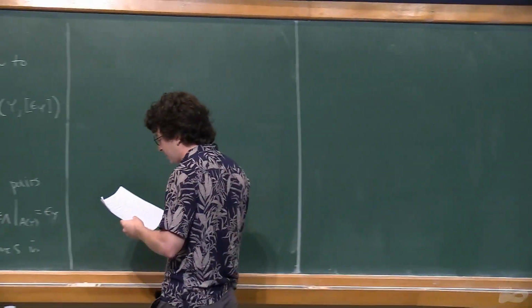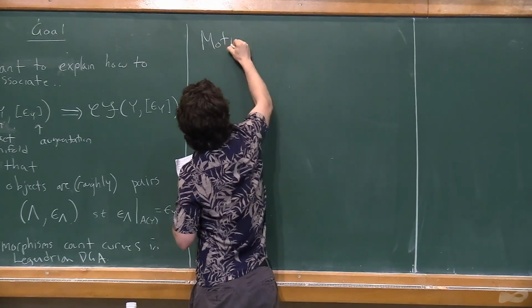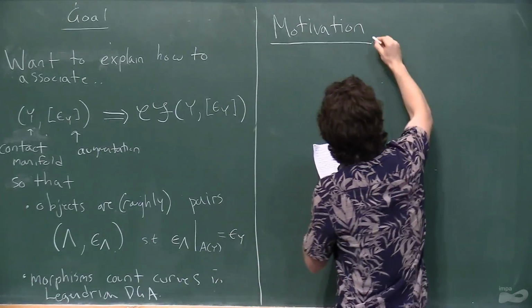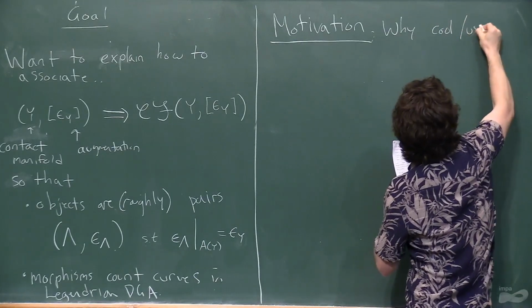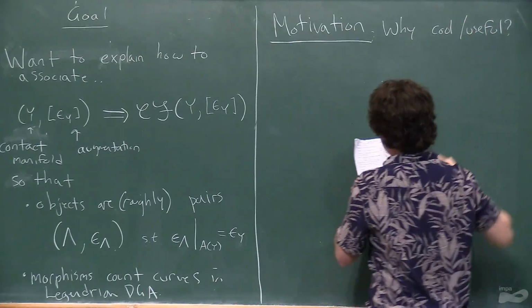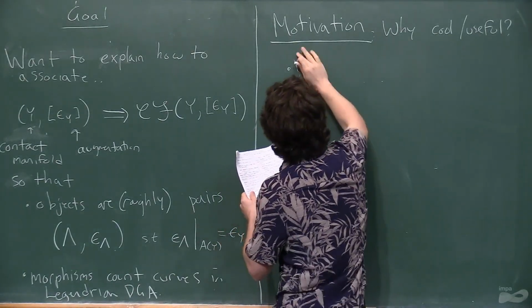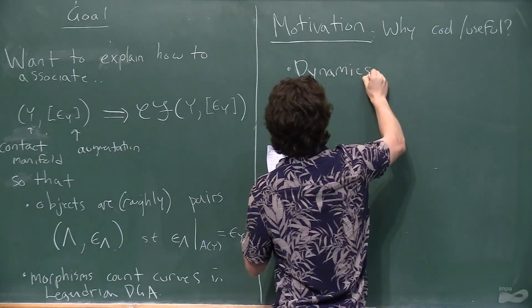So then with that in mind, you could ask, why is this an interesting thing? Or why is this something you might want to think about? So why is this cool or useful, potentially? Okay, so one is maybe you're interested in applications to dynamics.